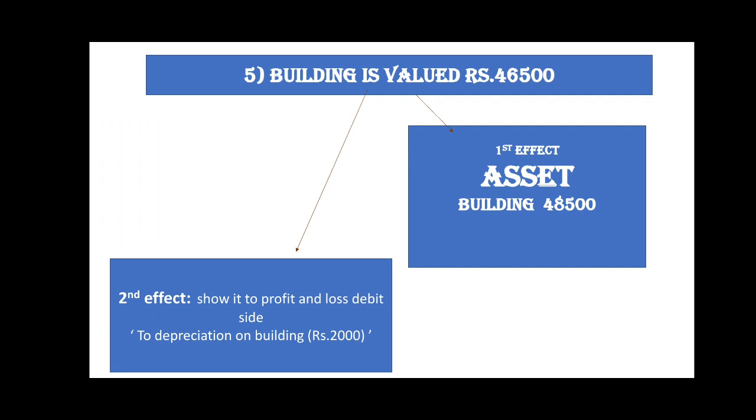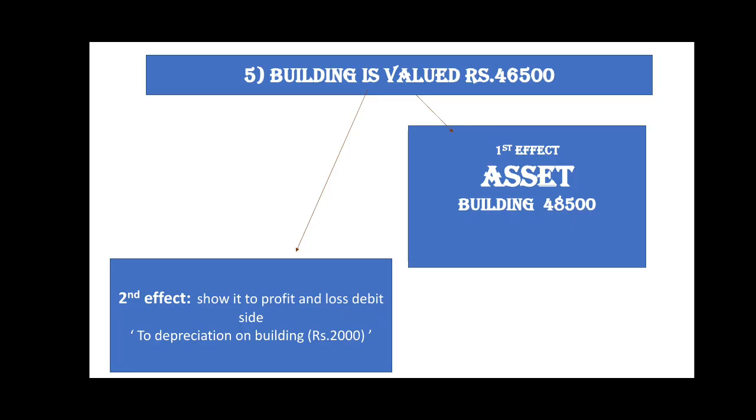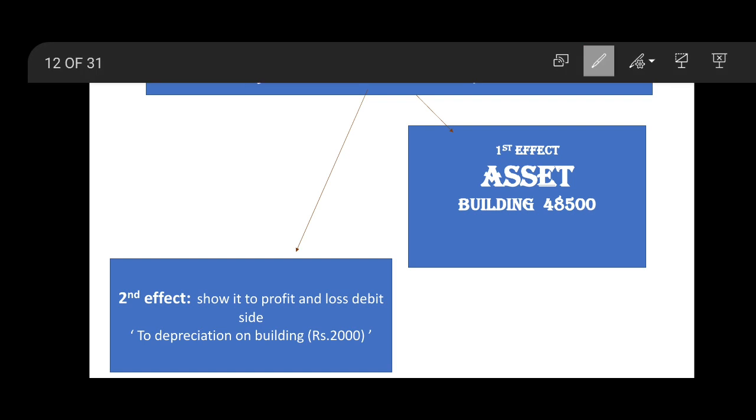The next adjustment is regarding building. Okay, building is valued rupees 46,500. What was the opening balance of building? In the question you can see we already have written in asset 48,500. I will just show you the rough adjustments here.